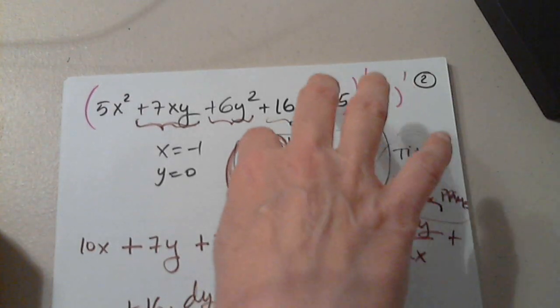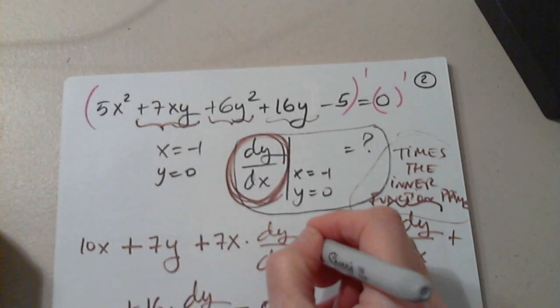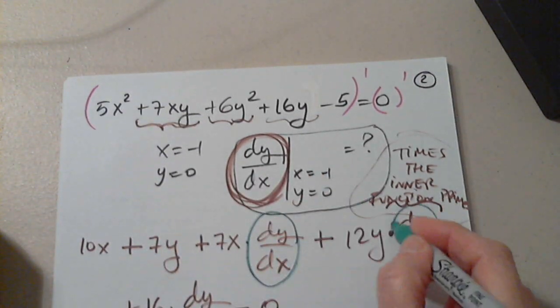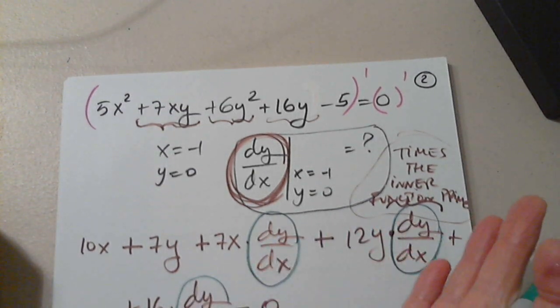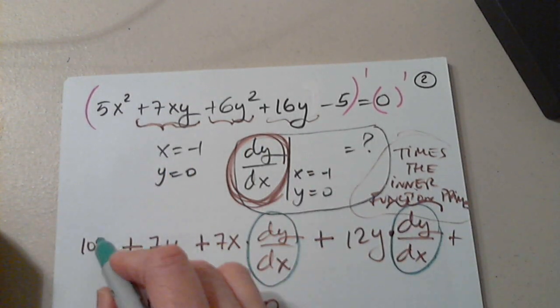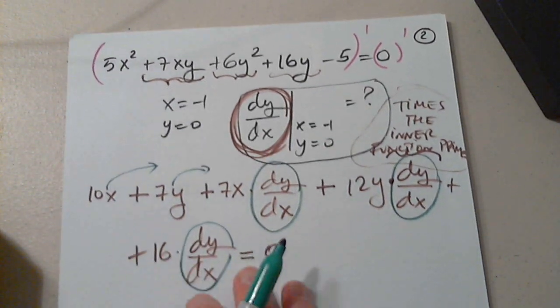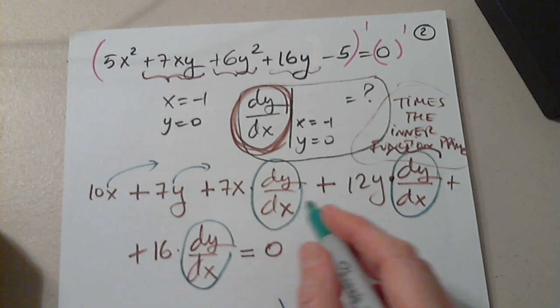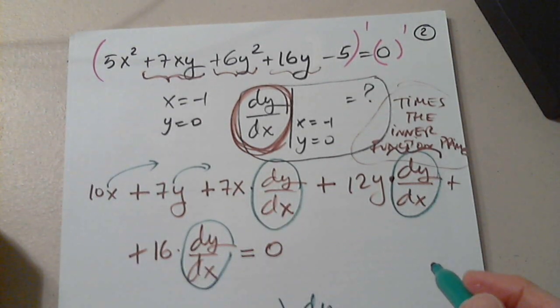Since we are asked to find dy over dx, we notice that dy over dx is present in 3 terms. Here, here, and here. These 3 terms have to stay on the left-hand side. These 2 terms will go to the other side. When I rewrite the whole thing, I factor out dy over dx from these pieces.